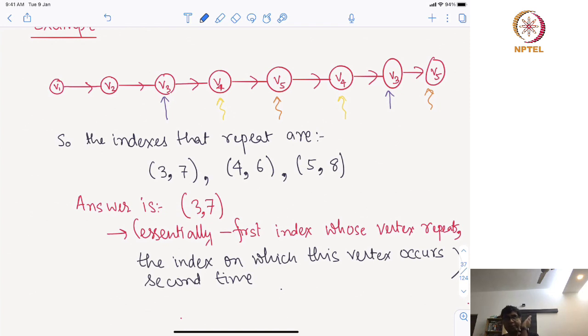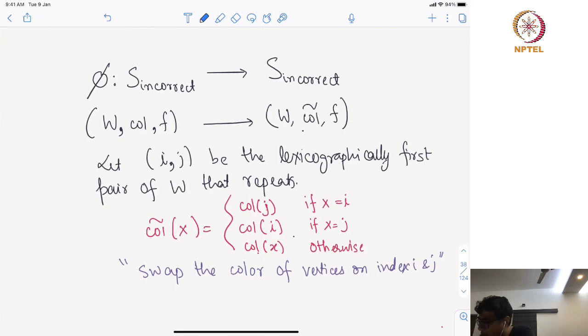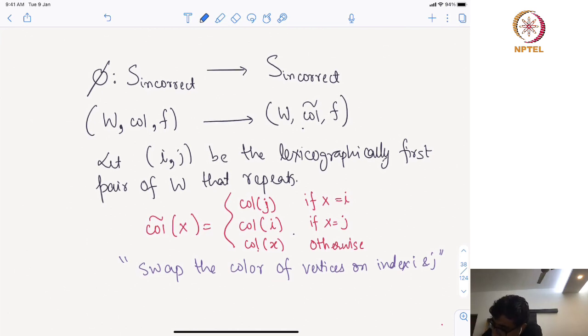Look at the first vertex which repeats; that is your first coordinate. Then look at the first time it repeats; that i, j corresponds to the lexicographically first pair. Now I am going to give you a map from S incorrect to S incorrect. What does S incorrect consist of? A W, a coloring function, and an f function.